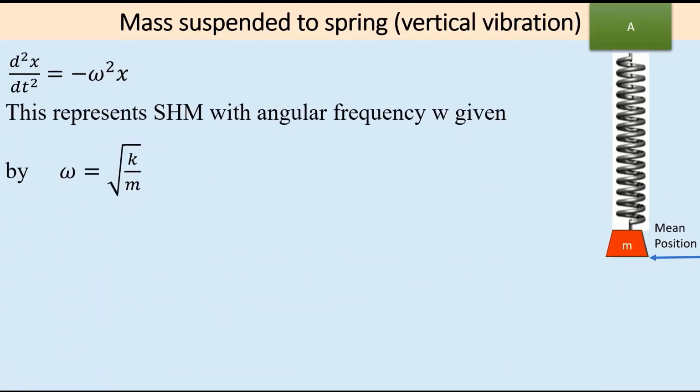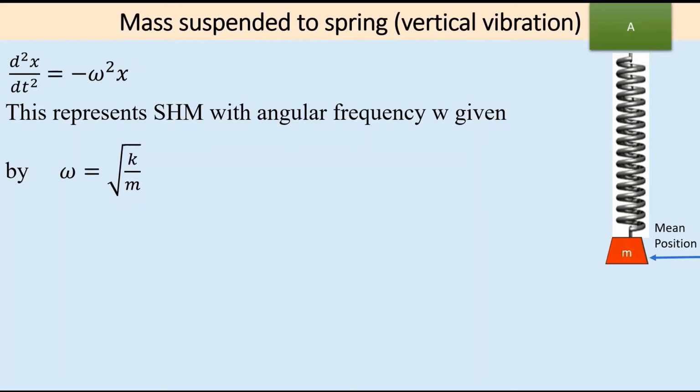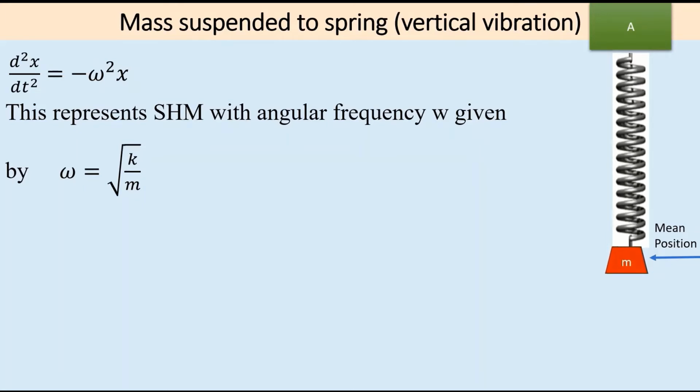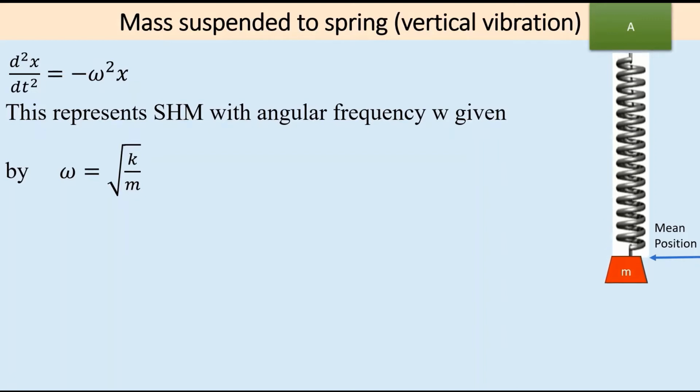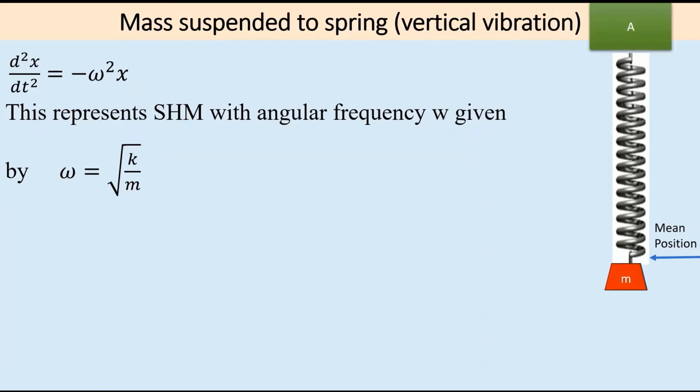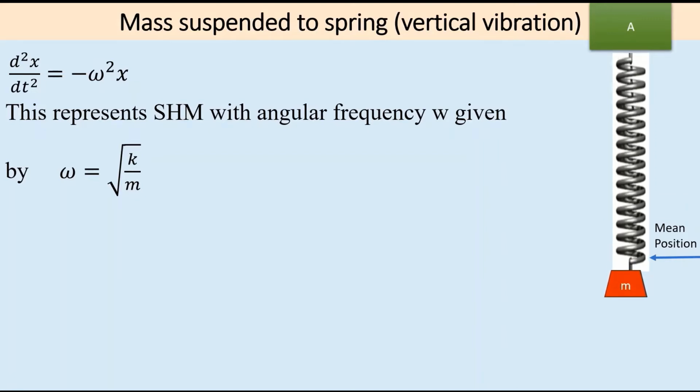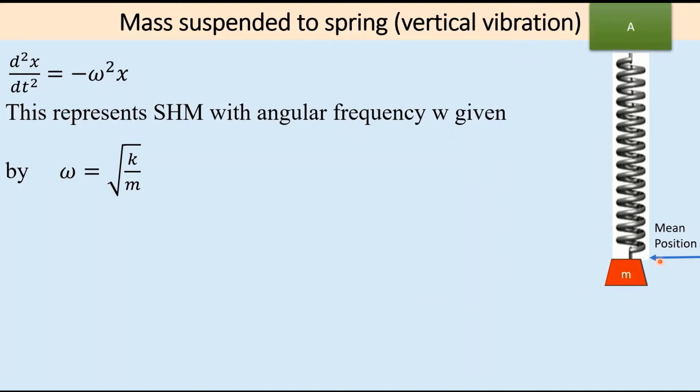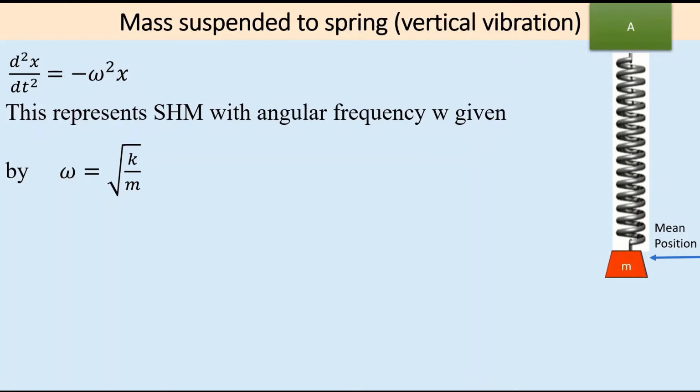This represents a simple harmonic motion with the angular frequency omega, which is given by omega is equal to square root of k by m, where k is the force constant and m is the mass suspended here, because we are neglecting the mass of the spring.